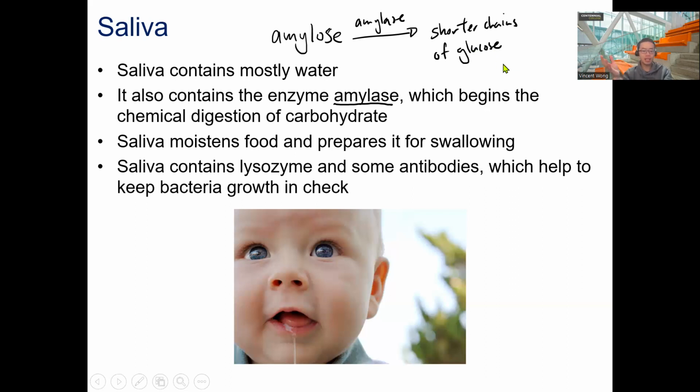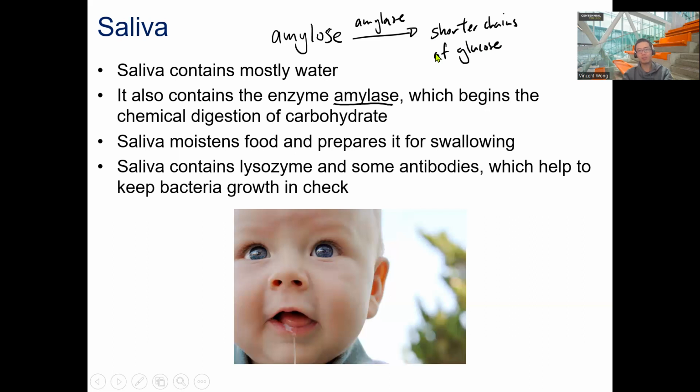So if you eat plain bread, not sweetened bread, it's kind of tasteless if you don't put anything on it. But if you keep on chewing it for a minute or so, it will start to turn a little bit sweet. That's because the amylase in your saliva starts to break down the amylose and releases individual glucose.